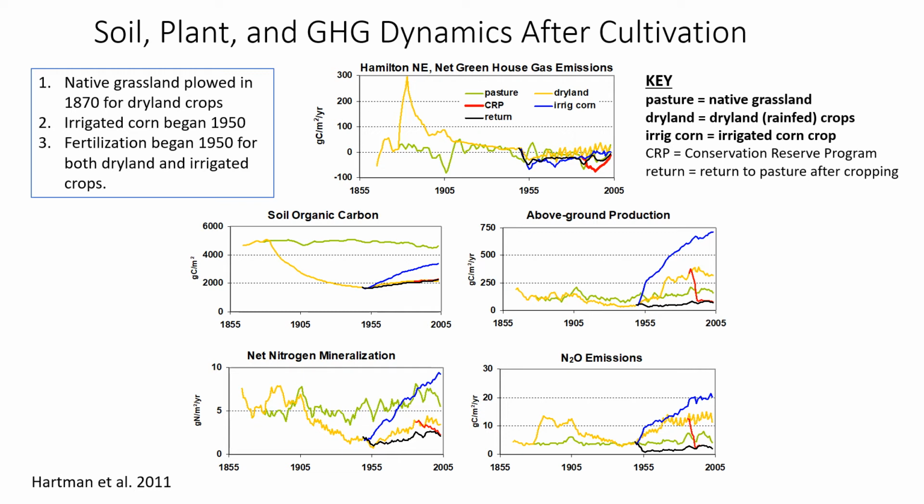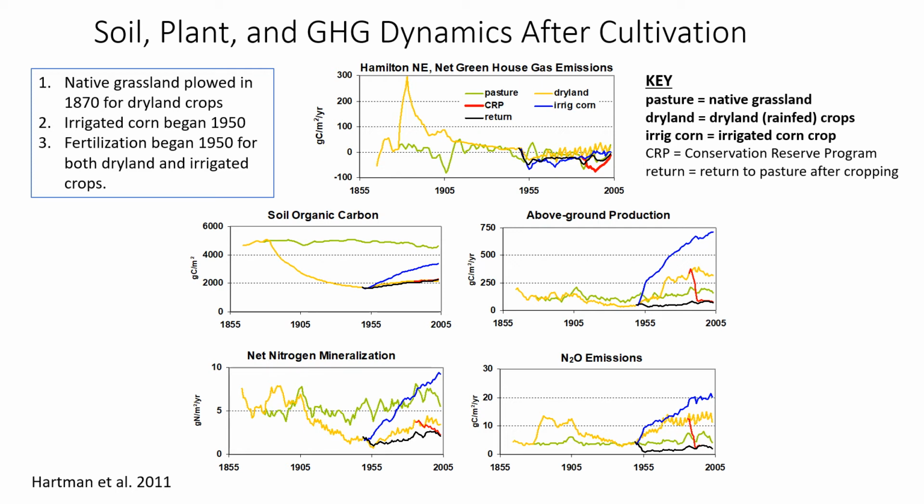Let's look at net nitrogen mineralization. So when soil carbon is destroyed, the carbon part of it goes into the atmosphere as CO2. The nitrogen part of that organic matter is mineralized, and so you see a boost in nitrogen mineralization at the same time that the soil organic matter is decreasing.